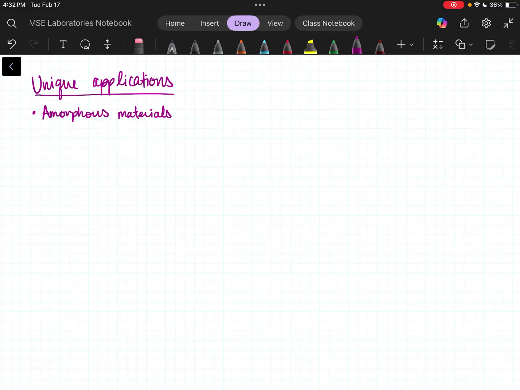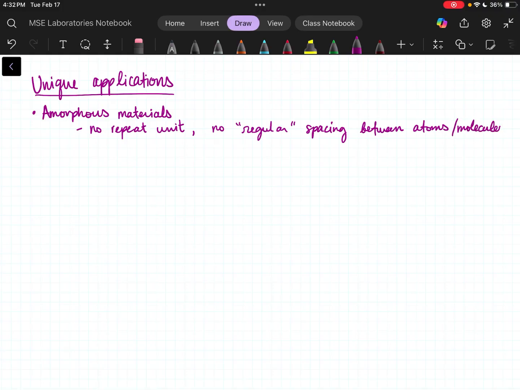Yes, of course, because they have more than one atom, so there are spaces between them. And just because they don't have a regular spacing between each of their atoms doesn't mean that there isn't some average. So with amorphous materials, they have no repeat unit, no regular spacing.